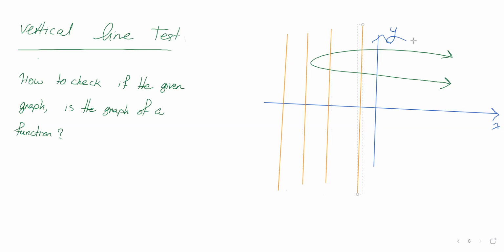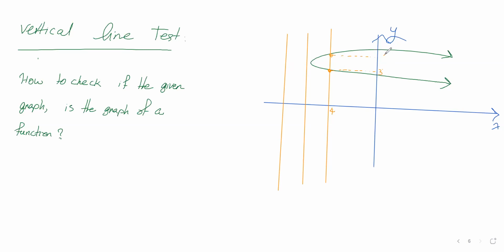Once you get to a point where your vertical line intersects your graph at 2 points or more, then you can say this is not the graph of a function. In other words, if you find at least one vertical line that intersects your graph at more than 1 point, then it is not the graph of a function. Here, for example, I'm just giving points so you understand what's going on.